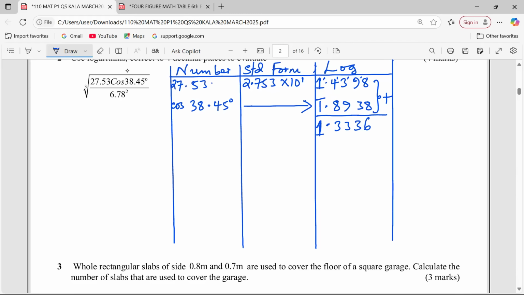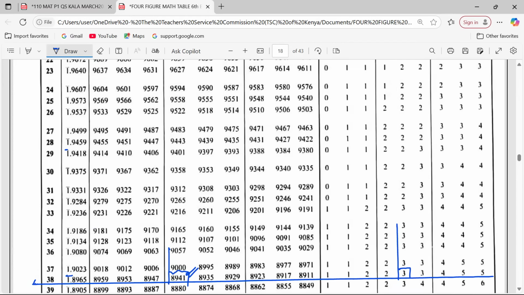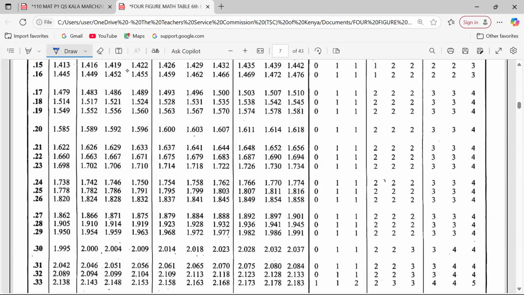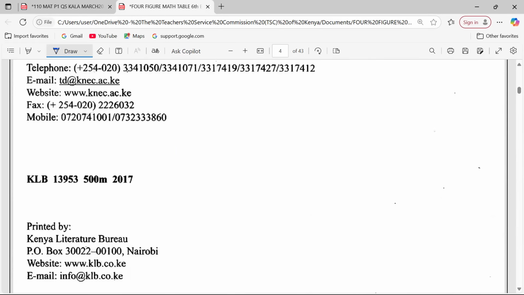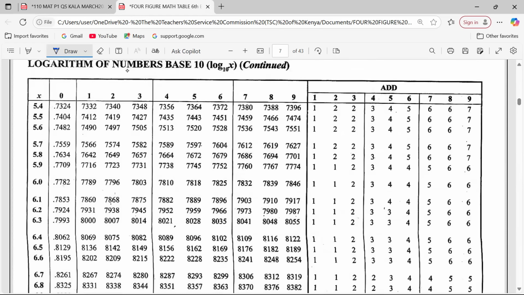Then we proceed now to the denominator, whereby the number there, 6.78. Remember, it has been squared. So this is 6.78 times 10 power 0. Now we read the logarithm of 6.78.